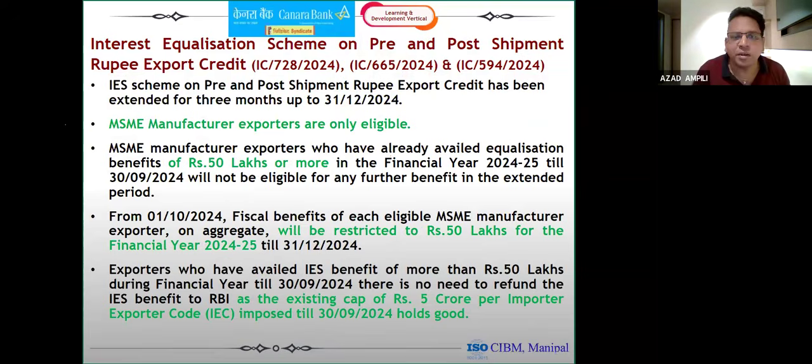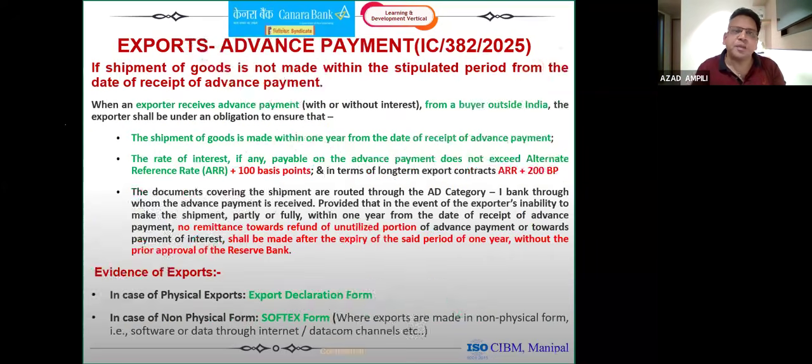The terms are different, but the concepts are almost similar. After 31/12/2024, no circular about it came. So now you can say bye-bye to the interest equalization scheme as of now. Some other date may come in future, but as of now, the interest subvention in pre- and post-shipment will not be extended.